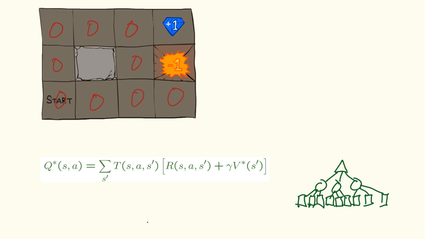But what states do have possibility of taking new values in the next iteration are those 3. So let's start with this data up here and just start generating the Q values.